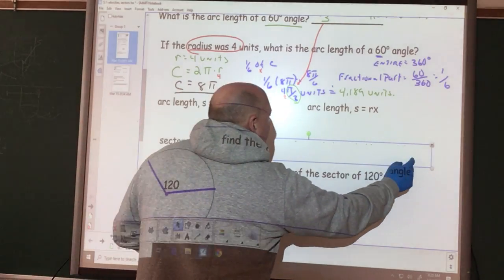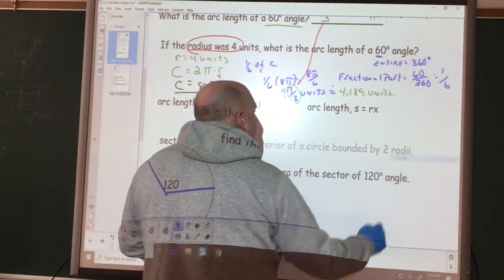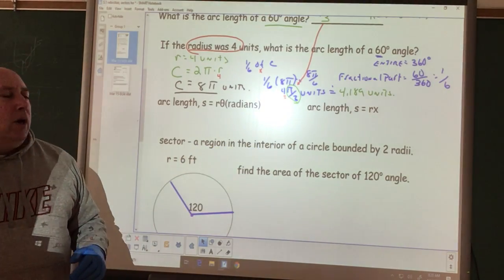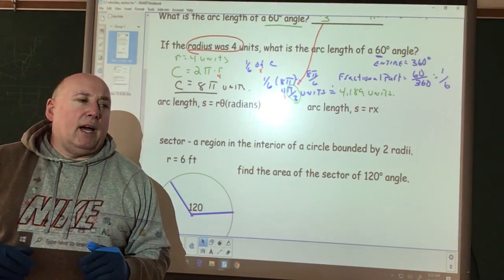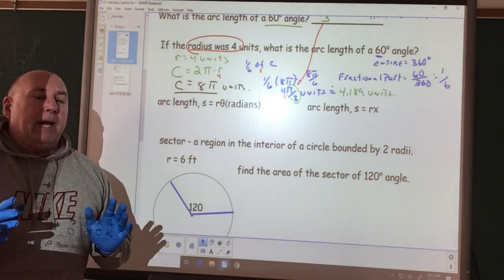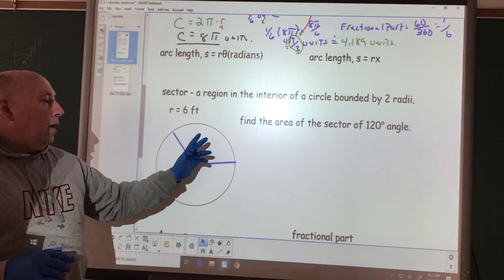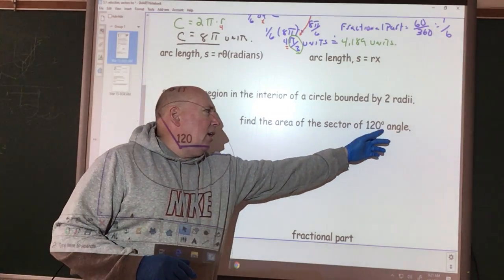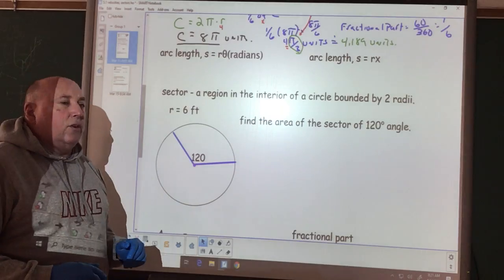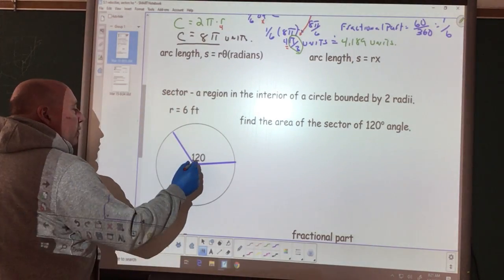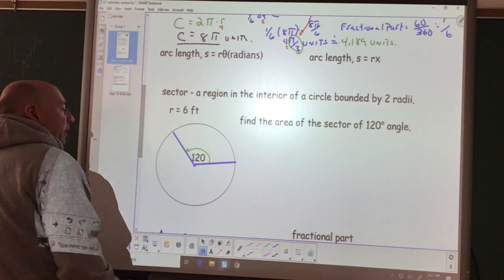When we talk about a sector, it is a region in the interior of the circle bounded by 2 radii. Bounded by 2 radii. What we're going to look to do is calculate the area of this sector. What I have is a rotation of 120 degrees.